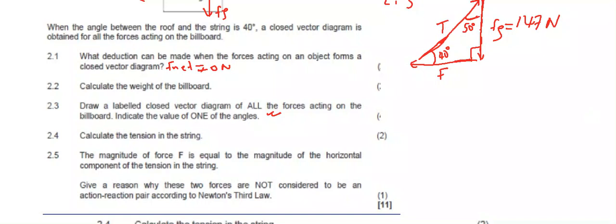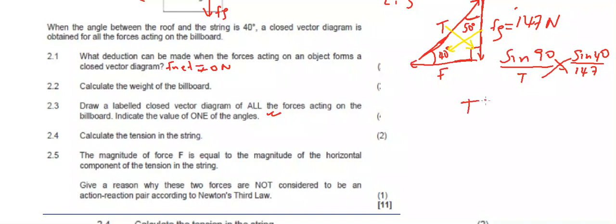The tension is opposite to 90, therefore we are going to use 90. Sine 90 divided by the tension is equal to sine 40 divided by Fg, because Fg is opposite to 40. Fg is 147. Then we cross multiply.